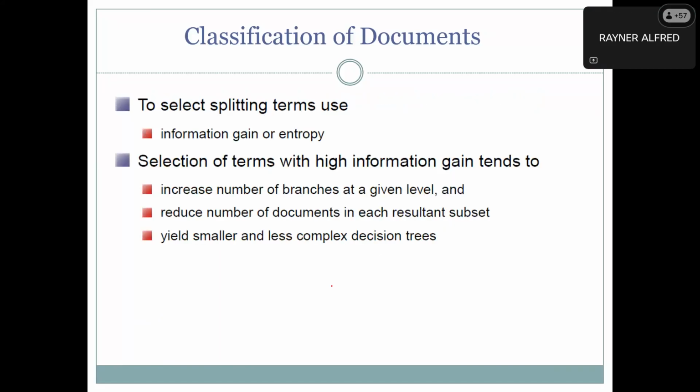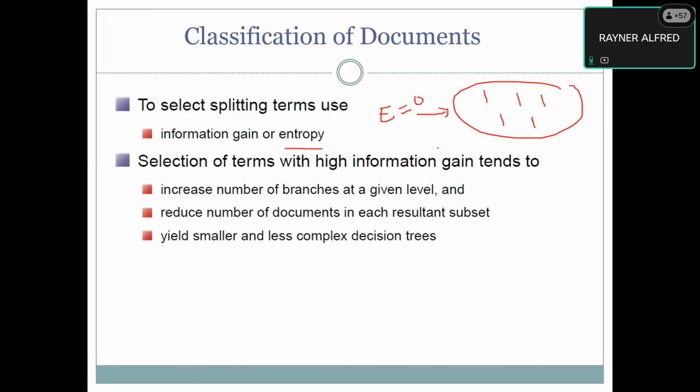So again, we go back to how do we select the best word, or how do we select the best term? So we will use the same benchmark that we used before. You came across information gain and entropy previously. What happens with entropy is that once we have all the documents belonging to the same class, the entropy will be 0.